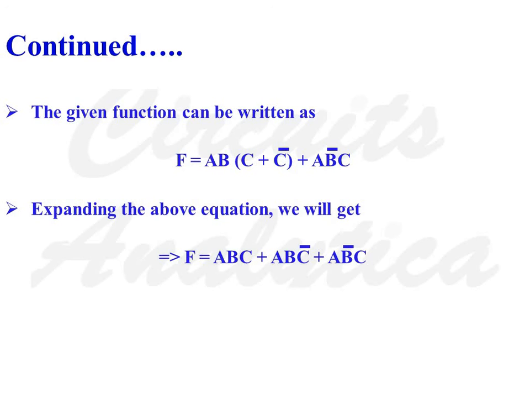Let us open the bracket to rewrite this equation as f is equal to ABC plus ABC bar plus AB bar C. So f is equal to ABC plus ABC bar plus AB bar C. And in this expression, there are three product terms, and all the three product terms contain all the three variables A, B and C, either in the true form or in the complemented form.